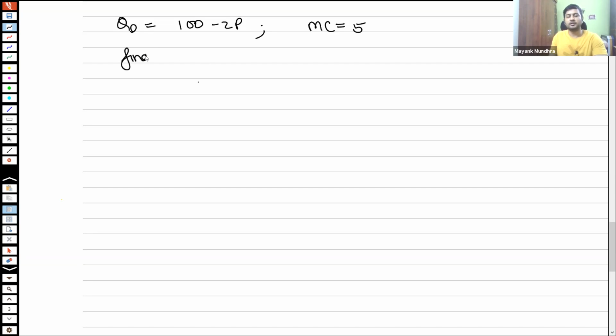So find the quantity supplied by the monopolist, price of the monopolist, and profit of the monopolist. So what are going to be these values?